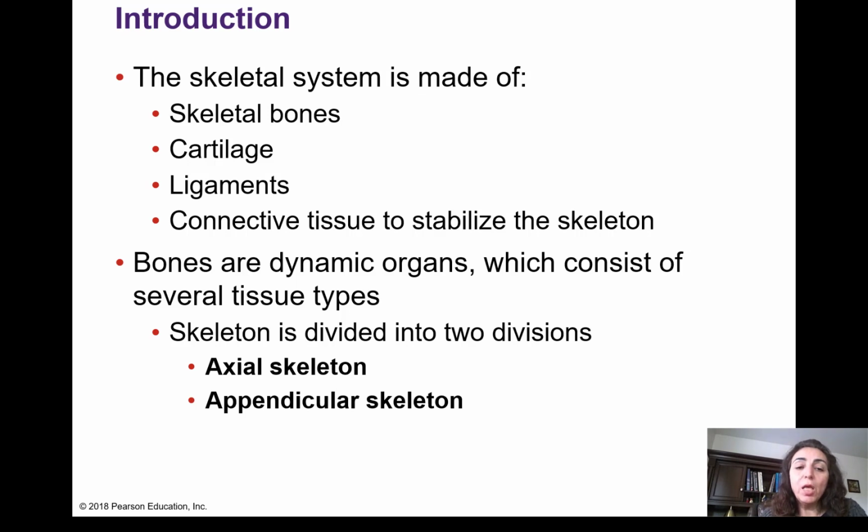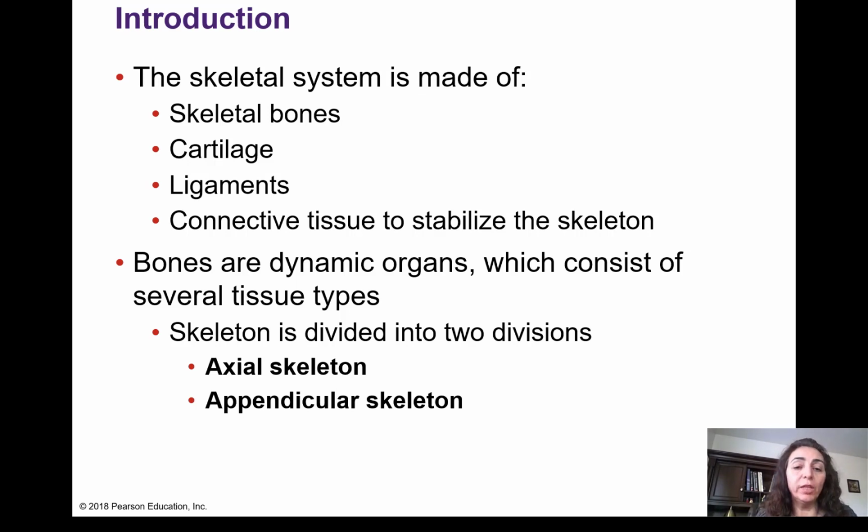Bones are dynamic organs, and it means that this is not a specific shape that is not changing, it's growing. We have repair of the bone, we have the effect of the pressures on the bones, fractures, and all those that we are going to explain from the beginning.